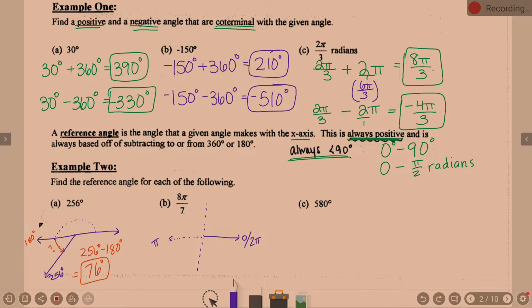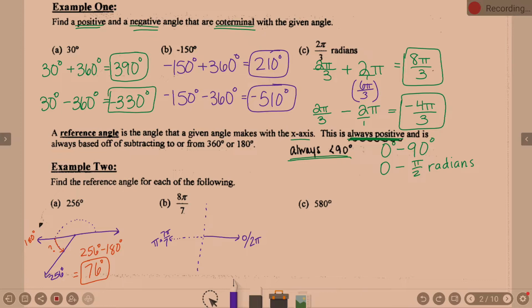What is 1 pi in terms of sevenths? 1 pi is how many sevenths? What is 1? 7 sevenths, correct? 1 is 7 sevenths.